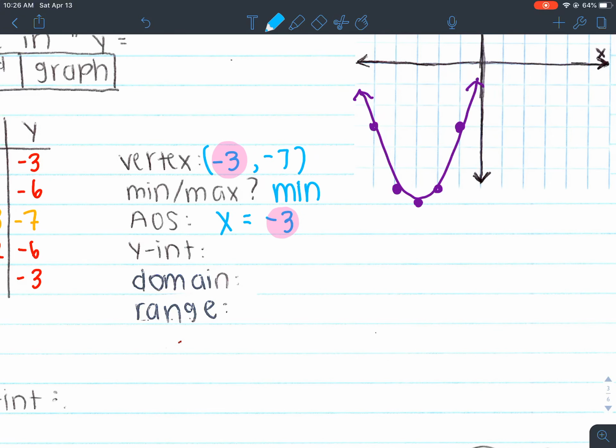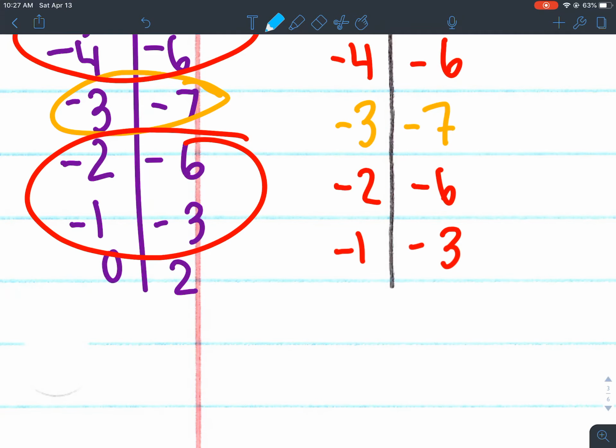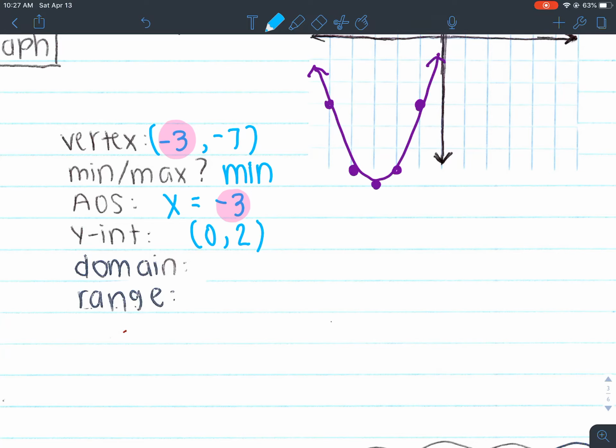Okay? Our y-intercept. Now I want you to scroll through your calculator. Now, how are y-intercepts always written? They're always written 0, number. So looking through your table on your graphing calculator, look for your y-intercept. It's 0, 2. Okay? Even on our graph here, yeah, we have it right down here, 0, 2. That's our y-intercept. Our domain is always all real numbers, okay?